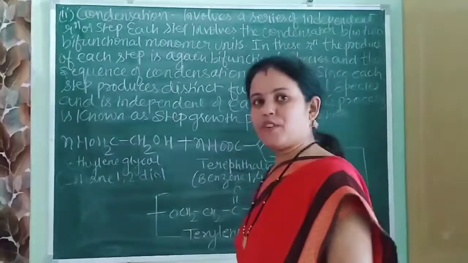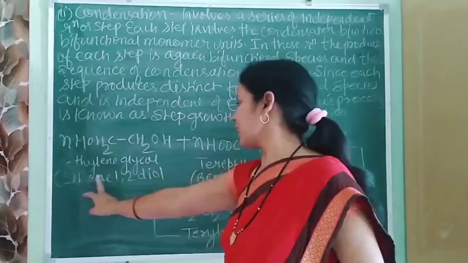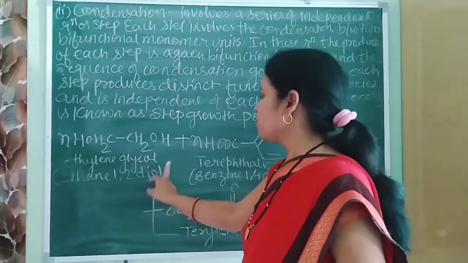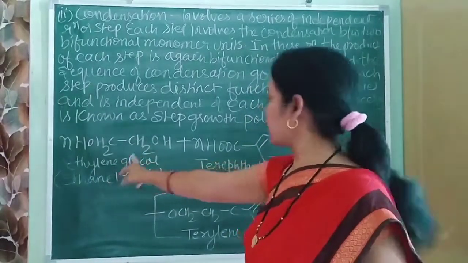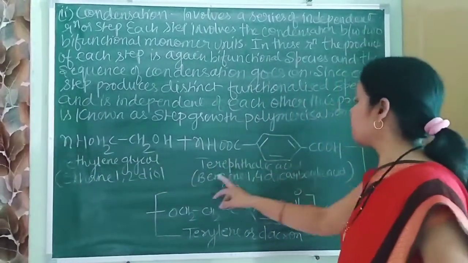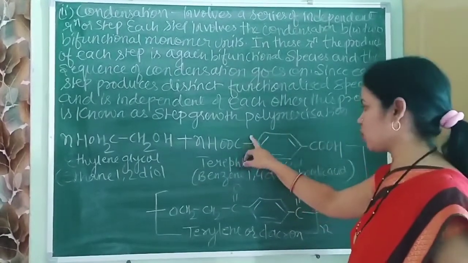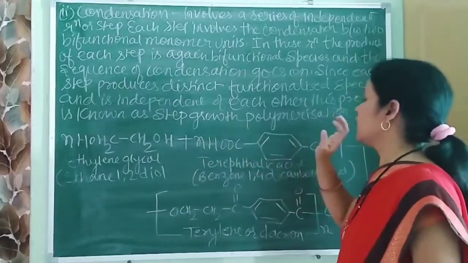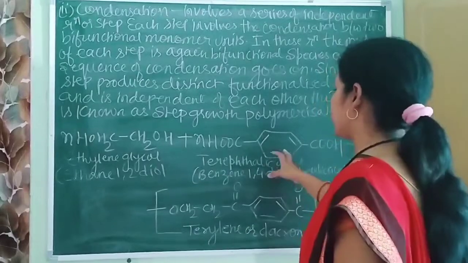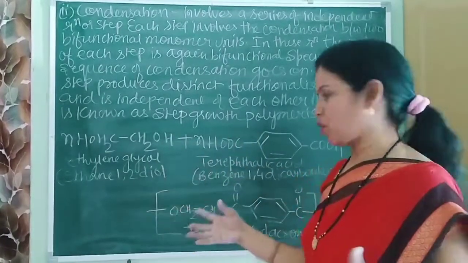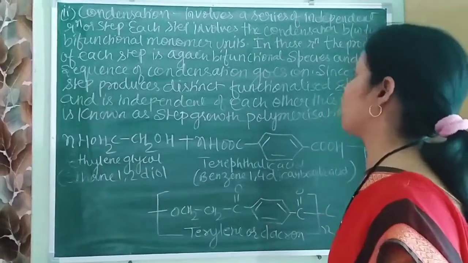For example, formation of terylene or Dacron. See here, ethane-1,2-diol, commonly known as ethylene glycol, is a monomer, and terephthalic acid, benzene-1,4-dicarboxylic acid, is another monomer. When they react with each other, they combine, a small molecule is eliminated, and terylene or Dacron is formed.